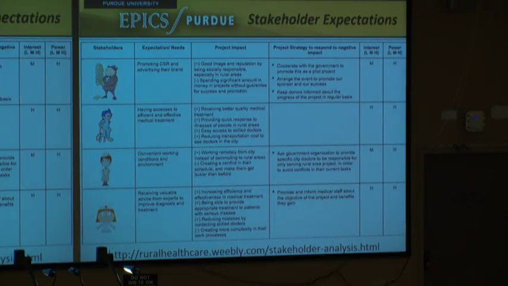The map they made then looked at the expectations of each of those stakeholders, what impact they had on the project, how they would respond to negative impact, and then what interest they had in it and the power that they have. So recognize that all stakeholders may have different interests and different power levels, and be cognizant of that.